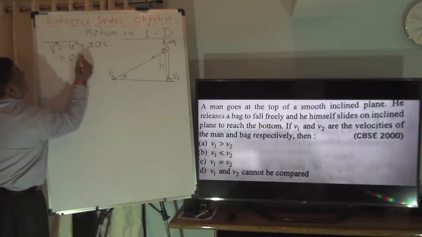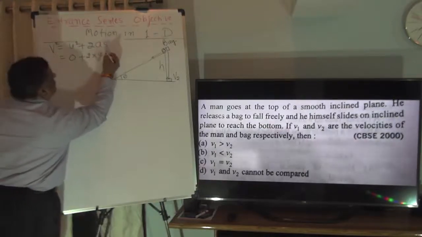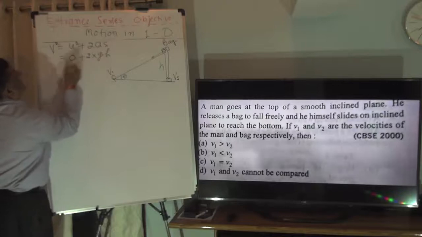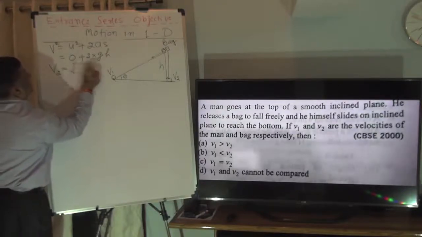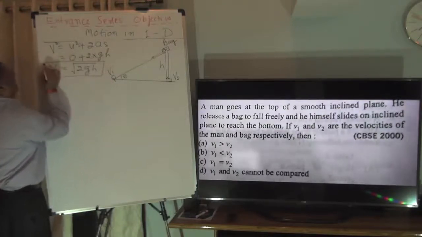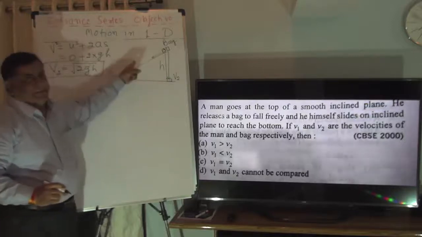This gives 0 plus 2 into g into h. So V2 is equal to root 2gh. Let's make it a box. Keep it V2. Now come back here.